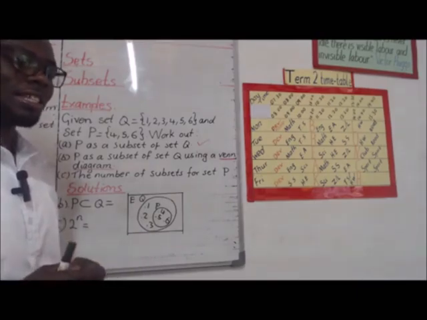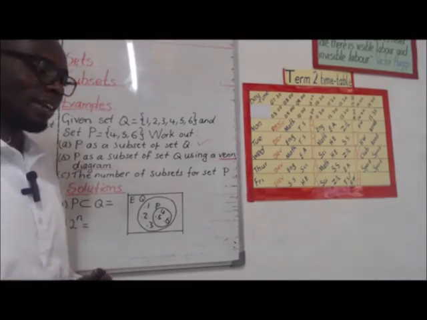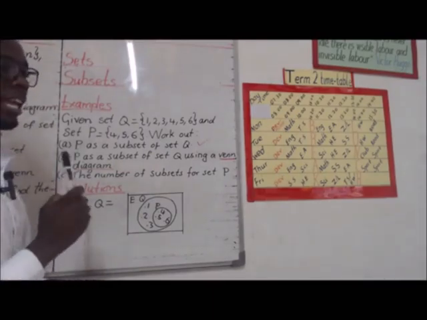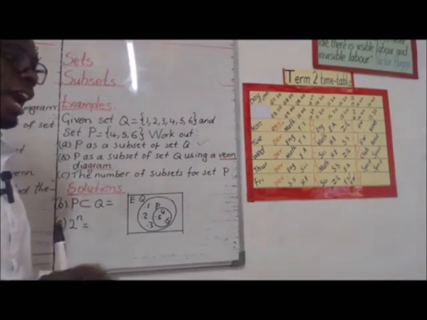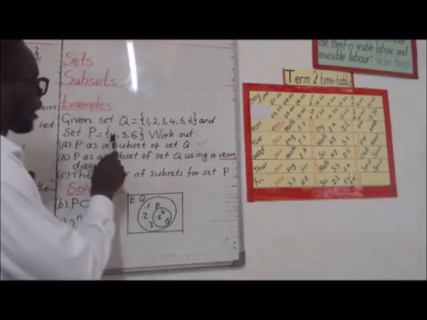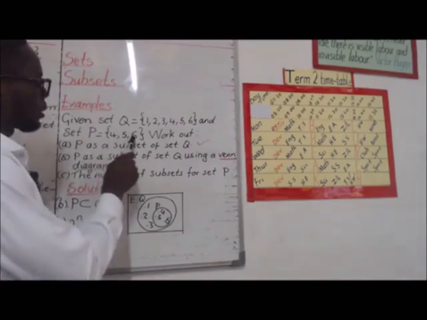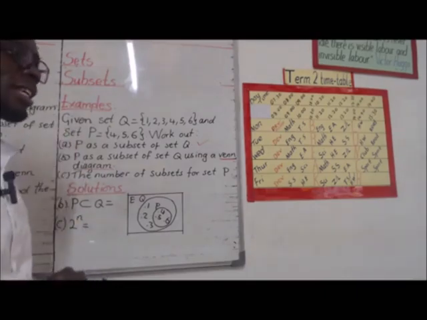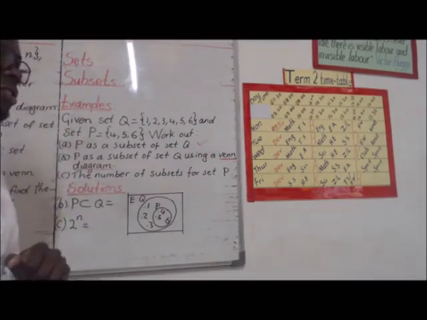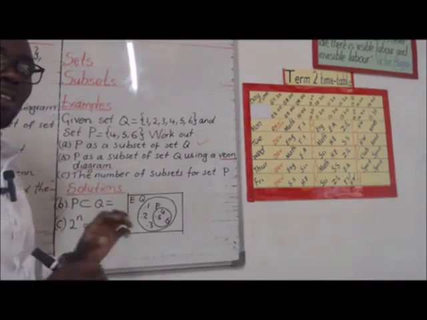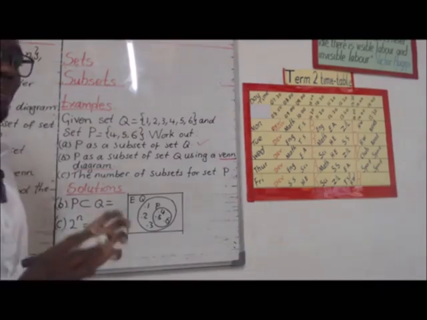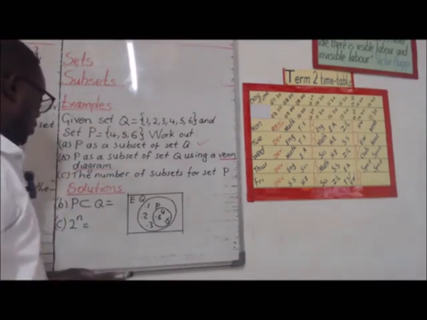In this case, the set that we are given is set P. So we count how many elements set P has. We go 1, 2, 3. Now we have found there are 3 elements in set P, meaning that where there is n, we are going to put number 3.